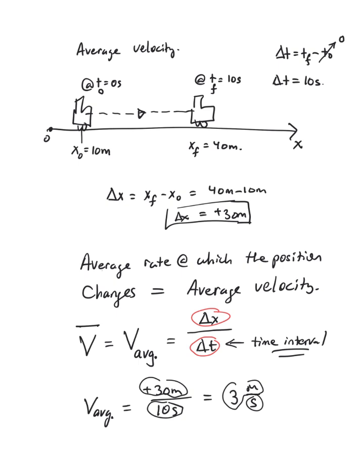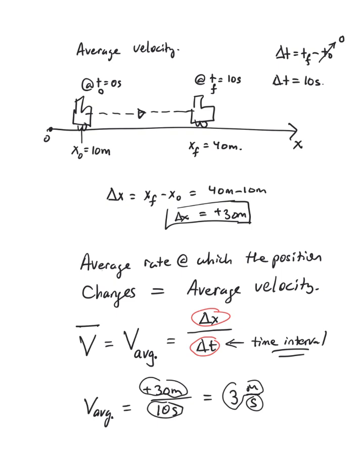But maybe in the first second, the car displaced itself maybe 4 meters to the right. And in the next second, maybe it slowed down a little bit and only displaced itself 2 meters. And then in the third second, maybe it displaced itself 4 meters again. And then it all averages out in the end over the full 10-second time interval to 3 meters per second.